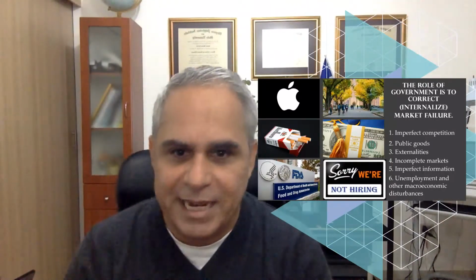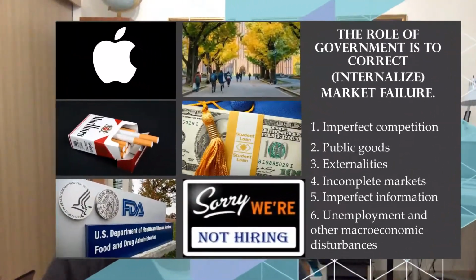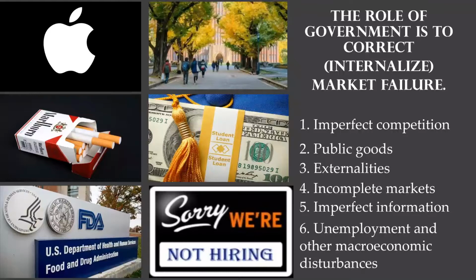In economics, we call that internalizing the externalities, internalizing the market failures, right? So what does this mean? Well, if we think about some of the key market failures that take place in the economy, for example, imperfect competition, a company like Apple has tremendous power over the market for smartphones, for data, for social media, right?